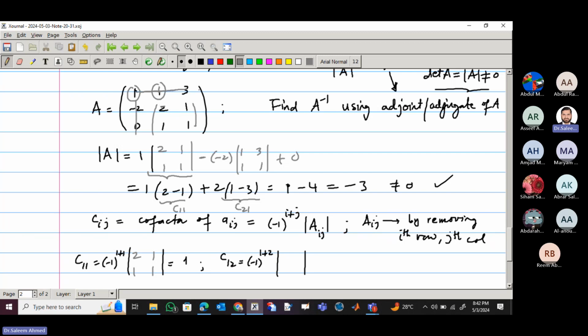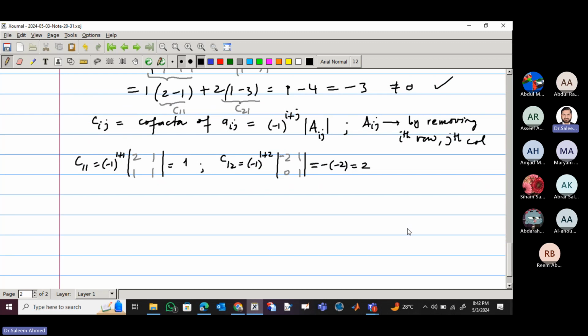I will remove this row and this column. So I got minus 2, 1, 0, 1. So that is equal to minus 2 minus 0 and minus from outside. So your answer is plus 2.